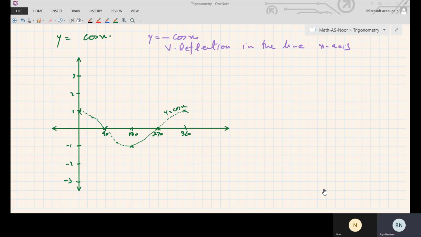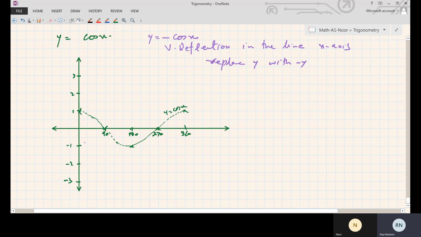So what would be the working rule for vertical reflection? For vertical reflection, we take the y coordinates and turn them into negative. So we replace y with minus y.